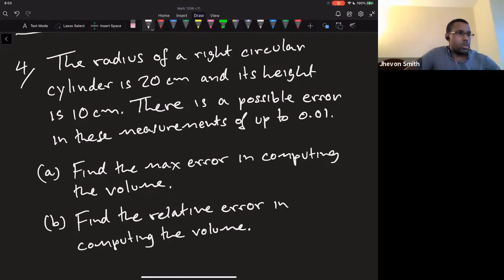So we're going to do this one. And then I think I want to talk about some properties of the derivative.